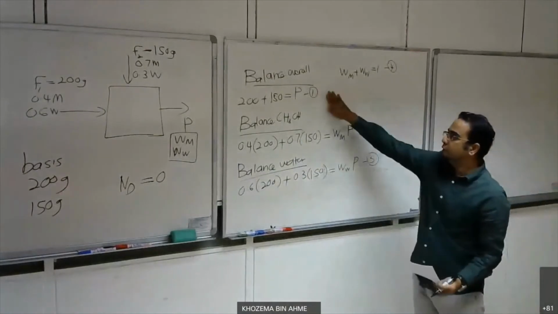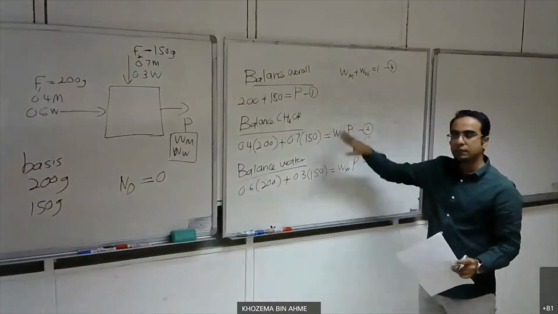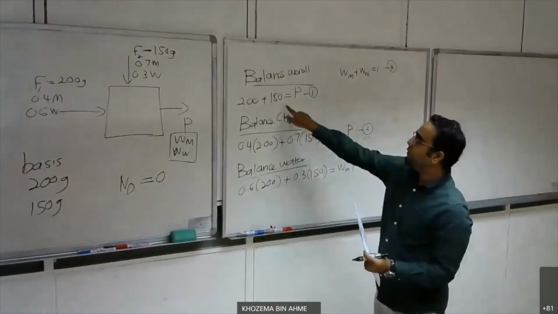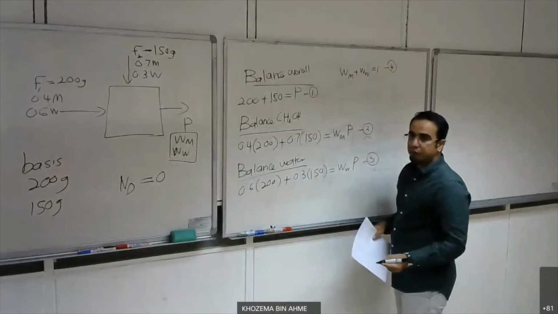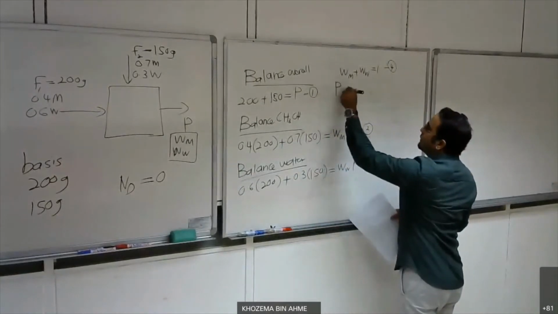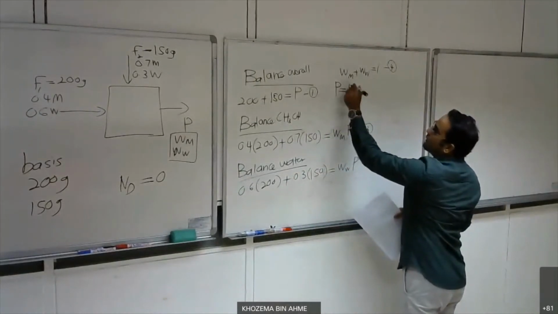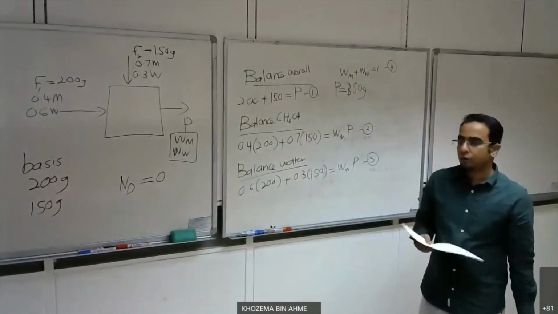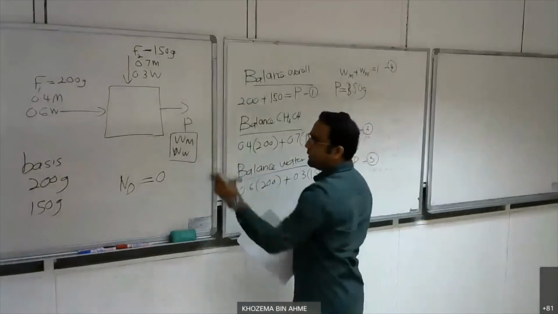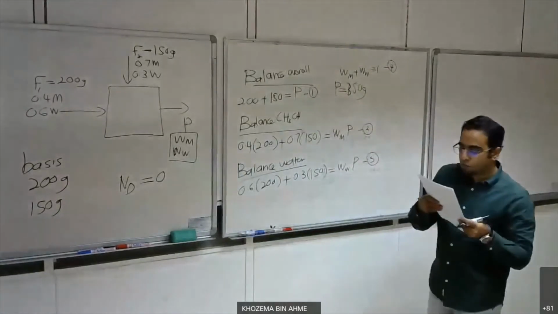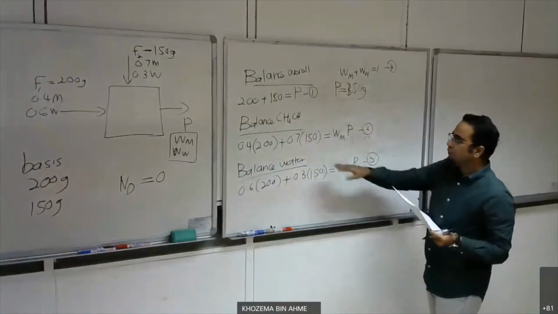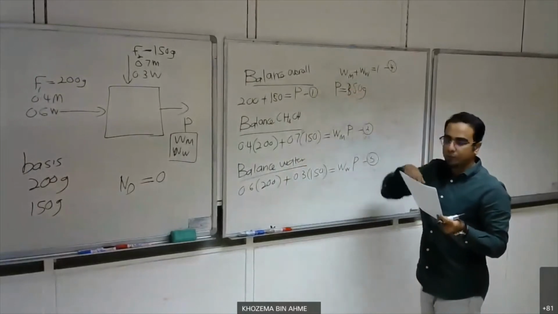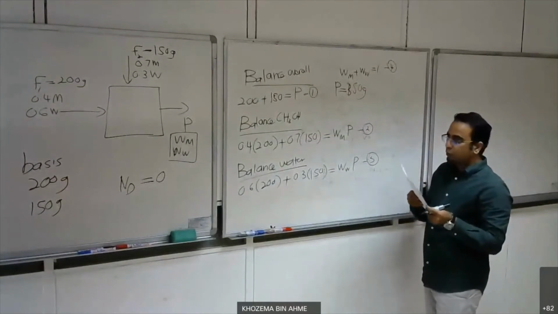Again, equations 1, 2, and 3 are related, so you only have two independent equations. So if you look at equation number 1, I can automatically get the value of P. So I know that P is equal to 350 grams. So I have already solved one of the variables, which is my P. The only thing left is to solve for methanol and water, and to find the weight fraction of methanol and weight fraction of water.